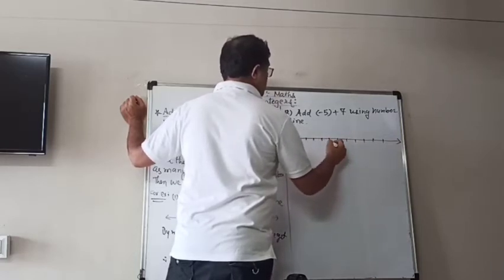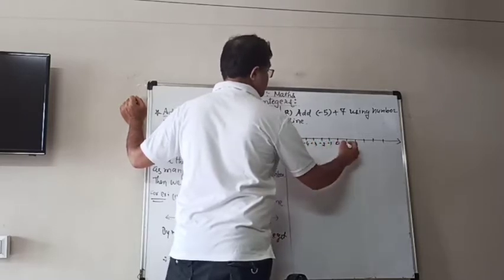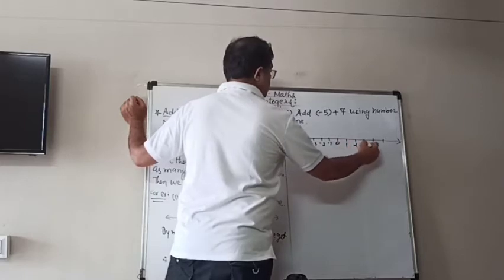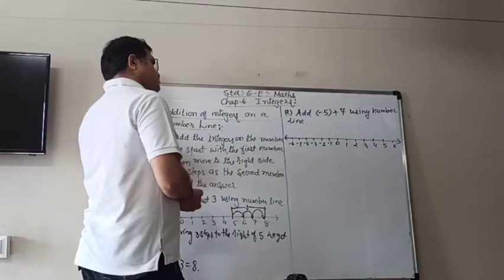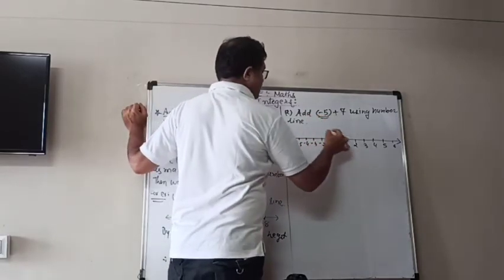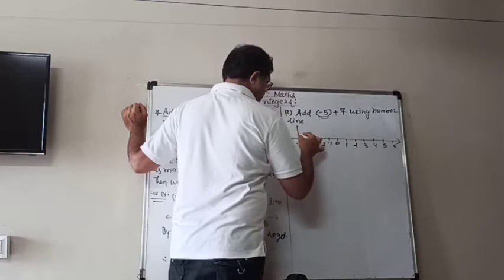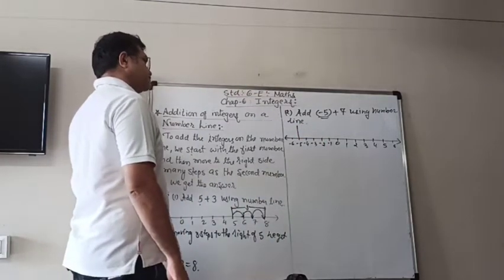So we can take 0, minus 1, minus 2, minus 3, minus 4, minus 5, and 1, 2, 3, 4, 5. Now we have to start from the first number, that is minus 5. So on minus 5 we make a vertical line.